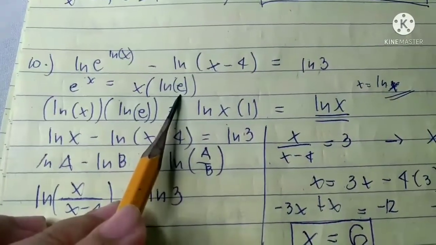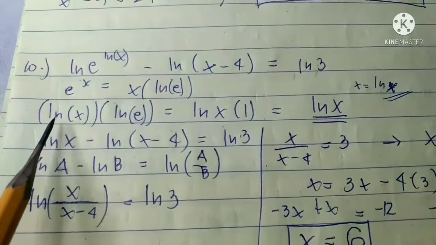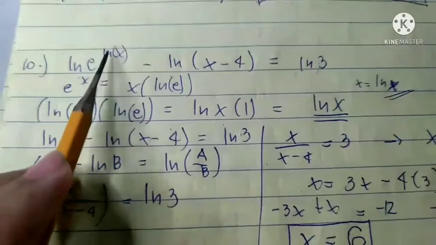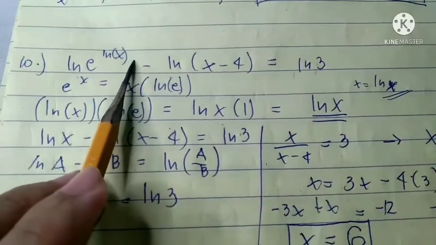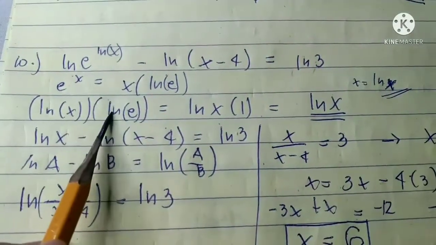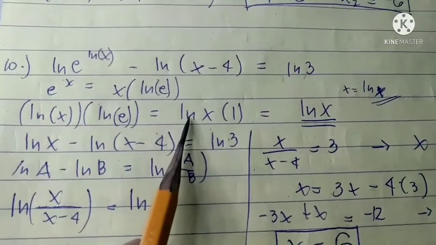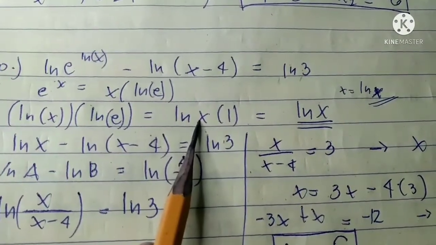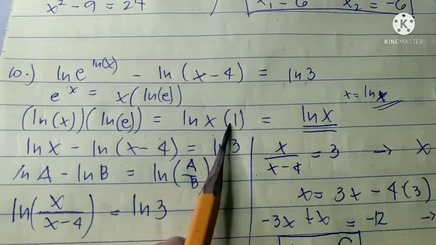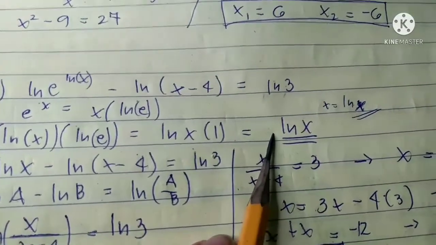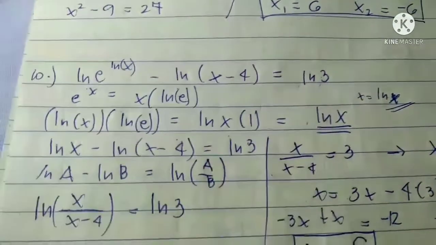So we can write it as ln x times ln e. So we will get ln x times 1. So it is ln of x.